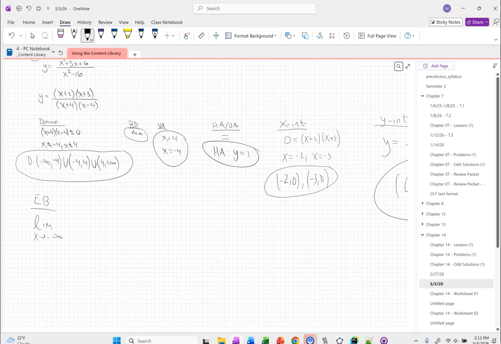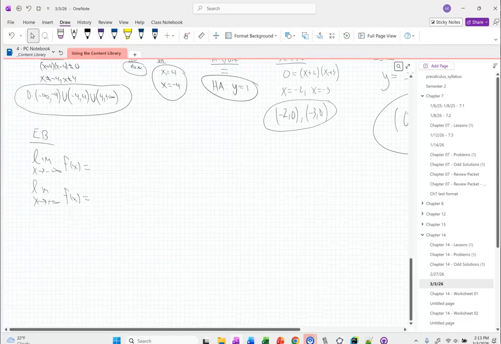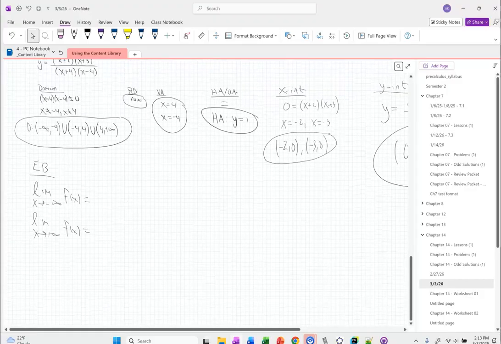So the left end, that's the right end, and then I'm going to go across this way.